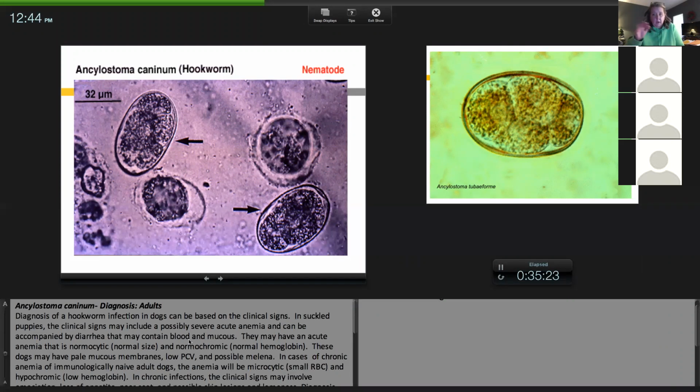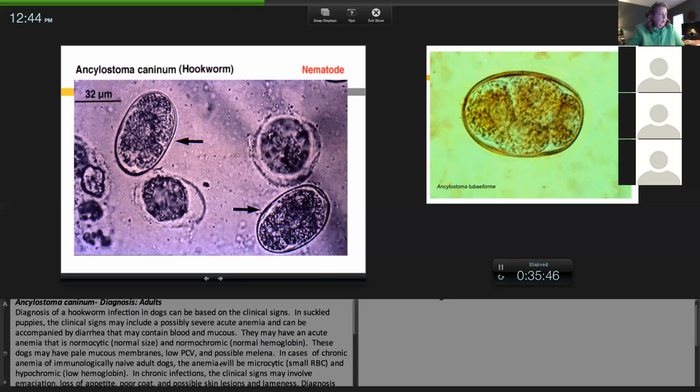That would be all red flags for hookworms. So bloody diarrhea, anemic, if they have a high enough burden, it can cause anemia. And there's some notes about the anemia that's normocytic and normochromic. PCV might be low, so checking that in a puppy.